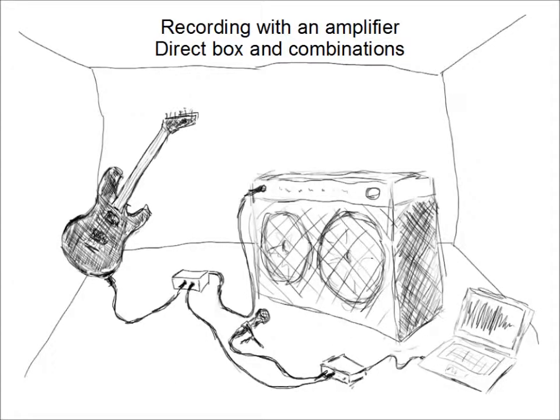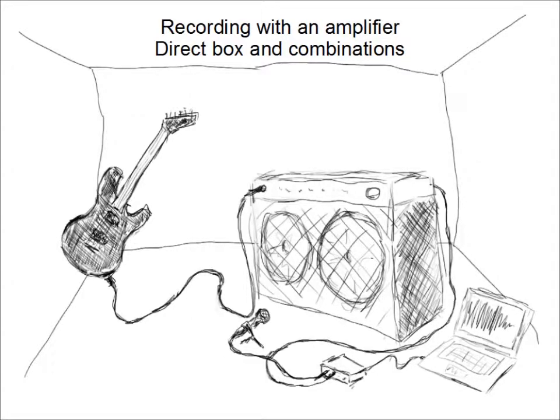And of course, nothing prevents us from using the microphone to record the amplifier sound simultaneously with recording the direct input from our direct box. Even if we don't have any direct box, we can still try to record the line output signal and the microphone signal in parallel.